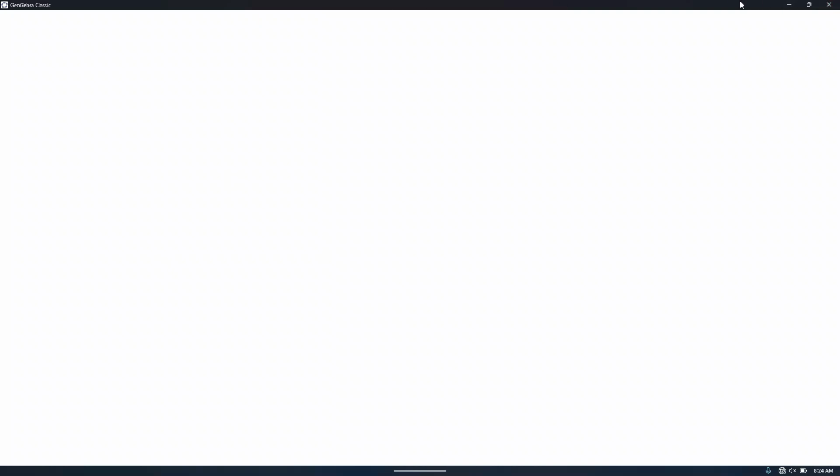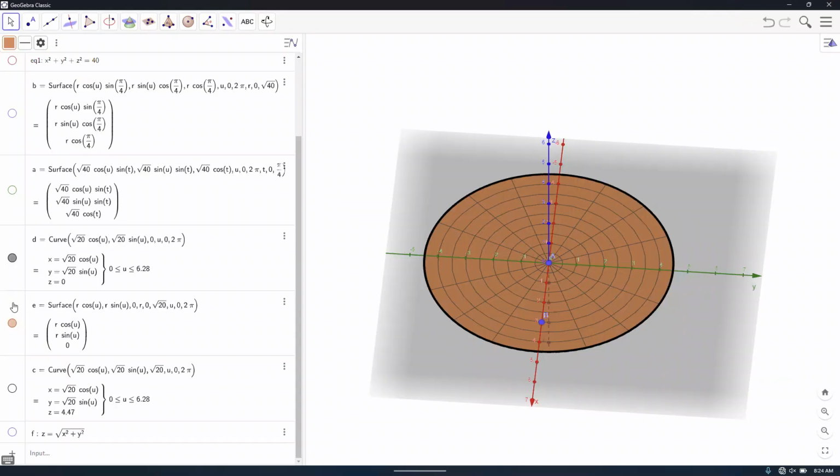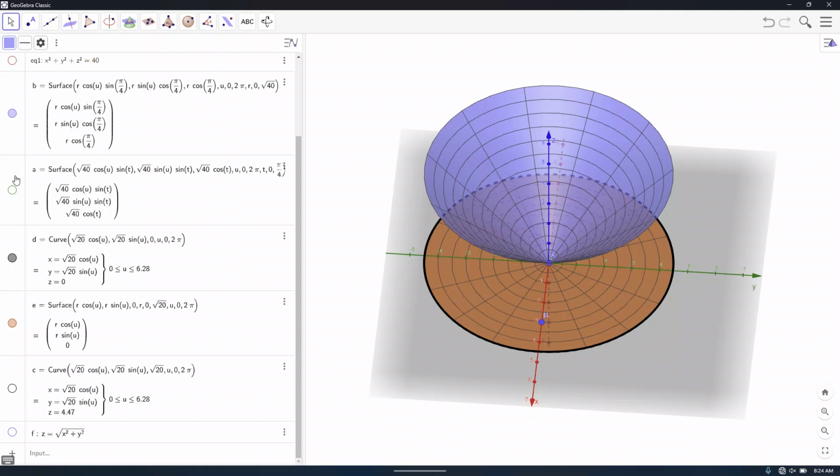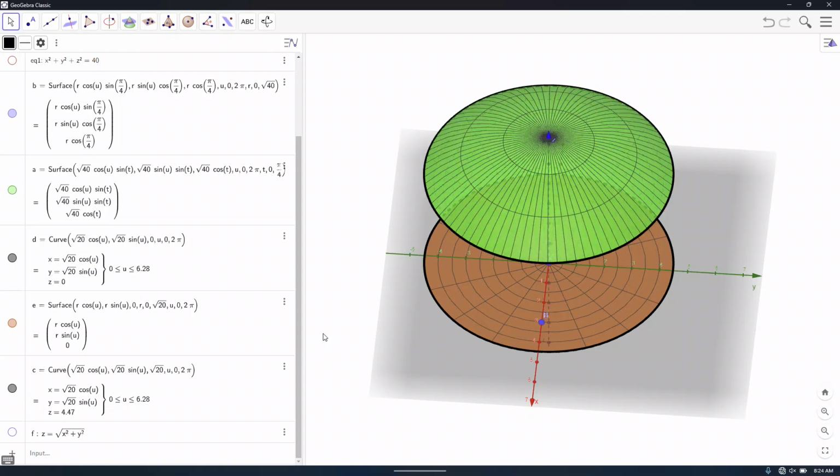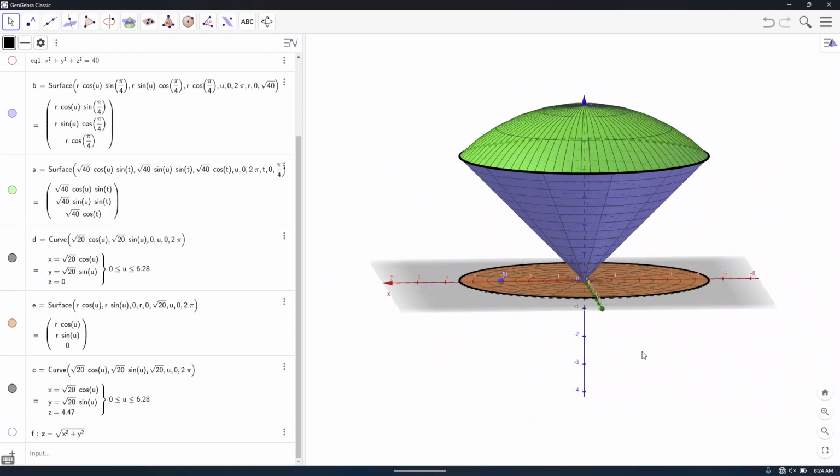Let me actually highlight the surfaces. In this case, which surface is the upper, which surface is the lower? The cone is the lower, and it is bounded above by that part of the sphere.